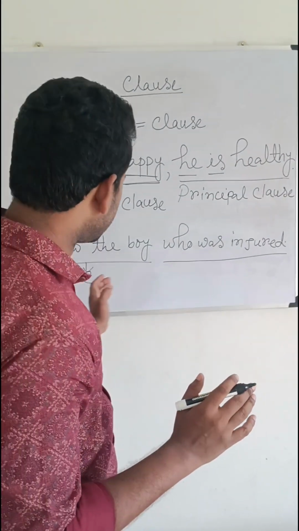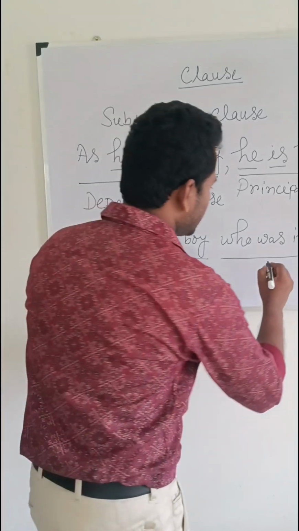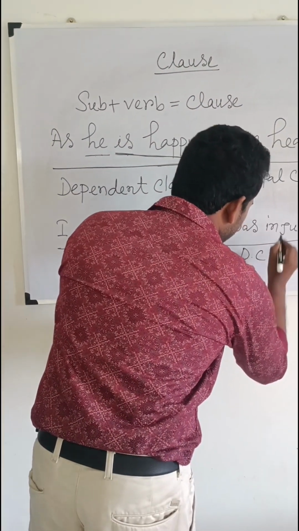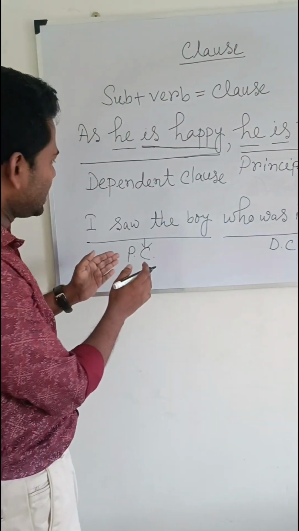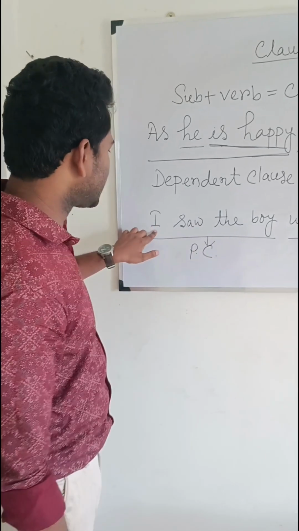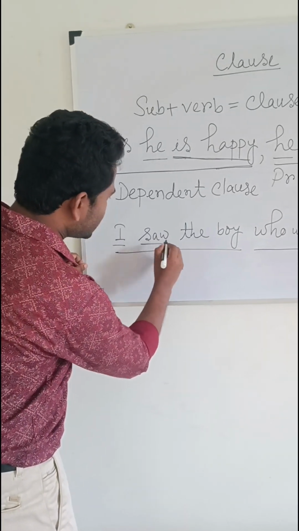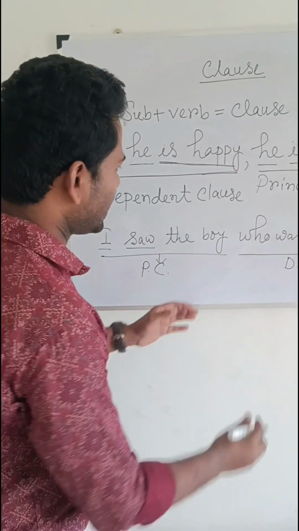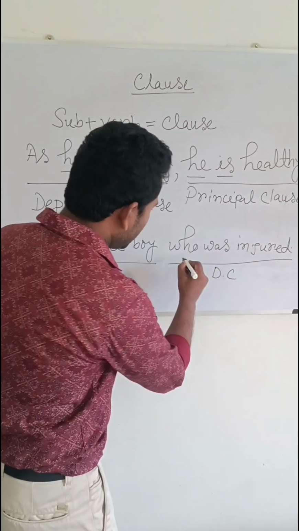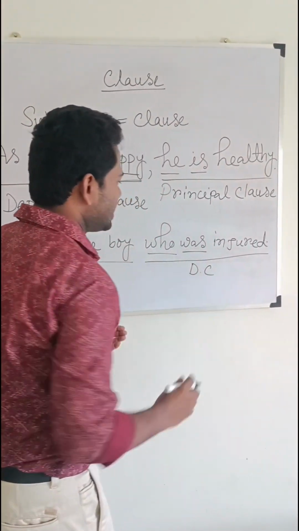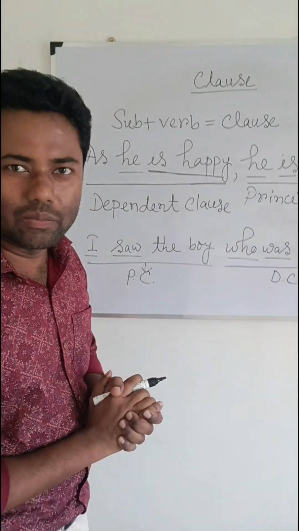It is dependent on the principal clause. So this is dependent clause. Here you will also find in the principal clause I is the subject and saw is the finite verb, and in this part also you will find who is the subject and was is the finite verb.